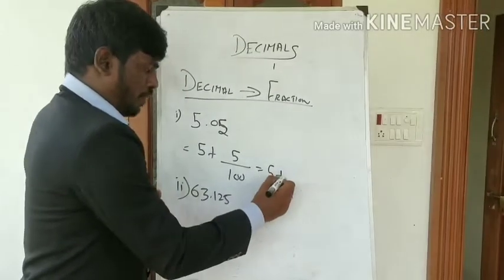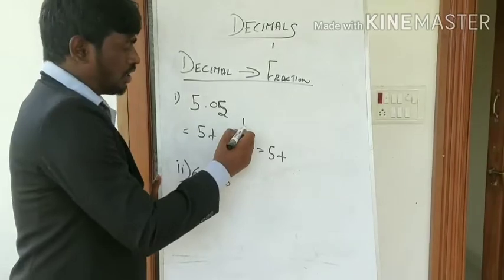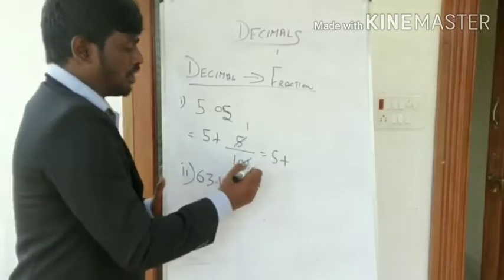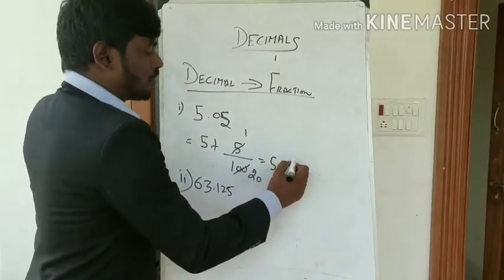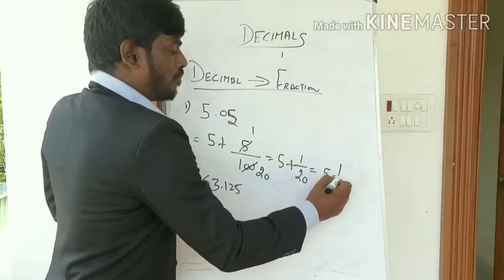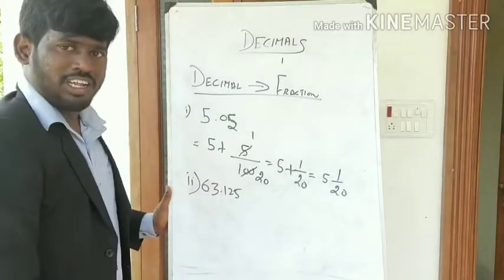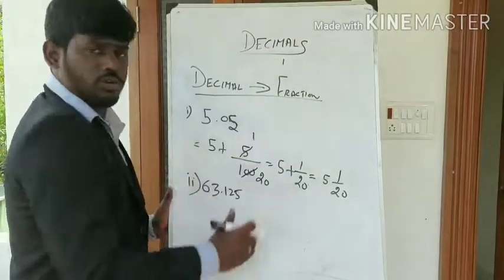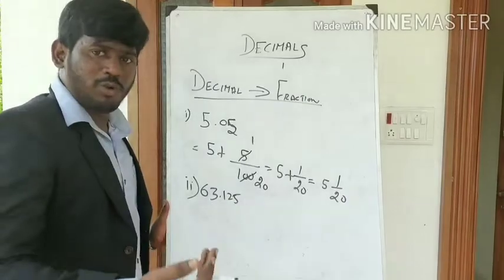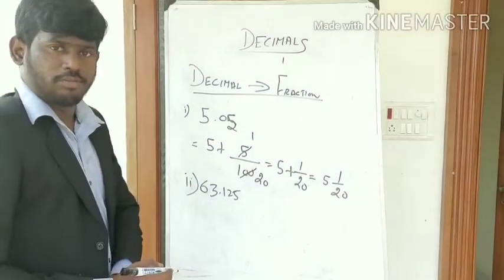Then 5 plus, I am going to cancel this 5 by 100. 5 in 5 table 1 time, 100 in 5 table 20 times. 5 plus 1 by 20. So you can write it as 5 1 by 20. This is the form to write decimal as fraction. So to help you understand better, I am going to do one more sum. 63.125.